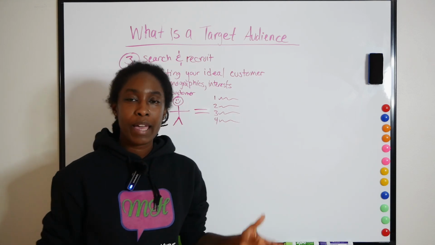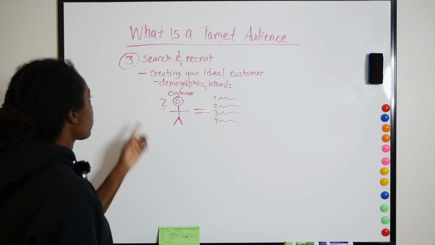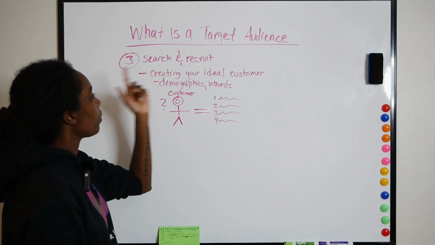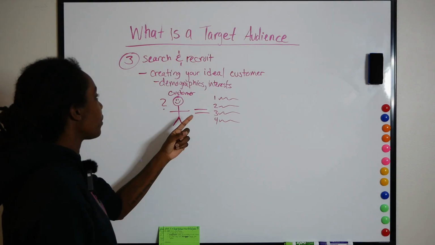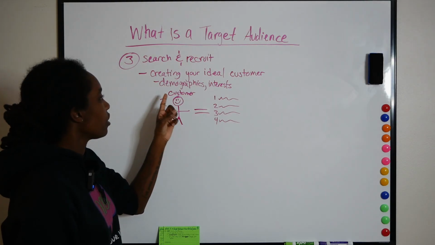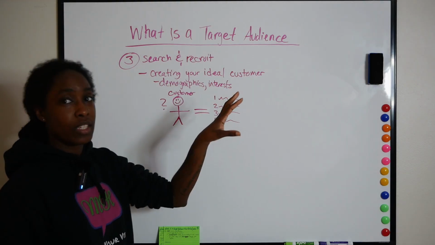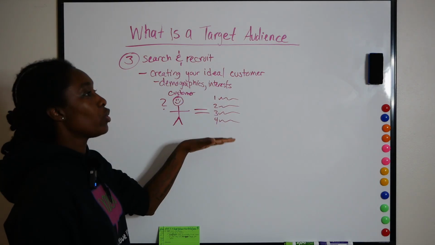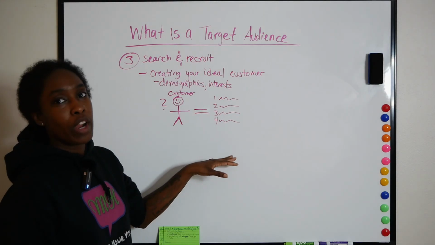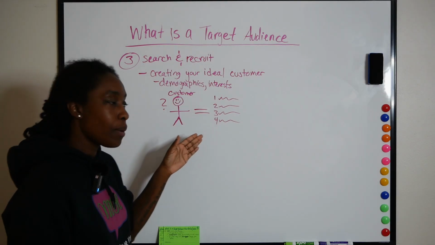All right, so I'm gonna pick back up where I left off. Search and recruit. You're creating your ideal customer using different aspects from demographics and interests. You'll craft who your ideal customer is. You might make a list.